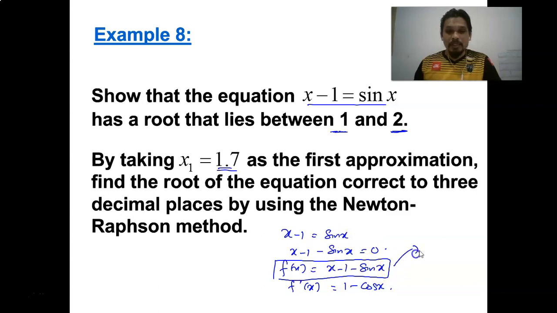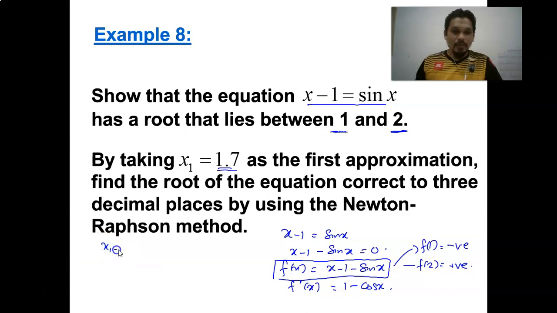Substitute with f(1) and also f(2). You may test using the calculator. Then you will find that one is negative, you find the answer by yourself, and the other one is positive.